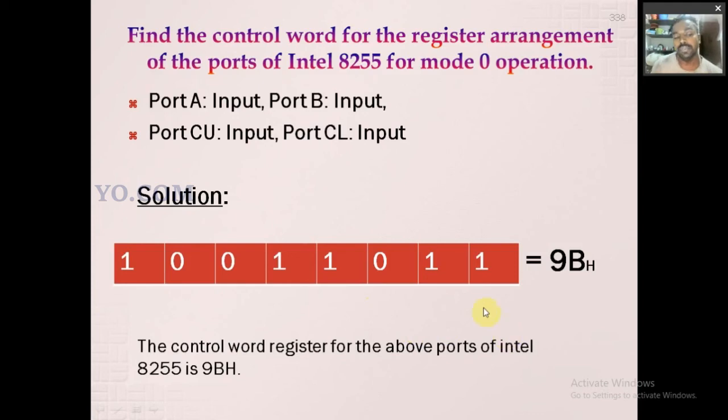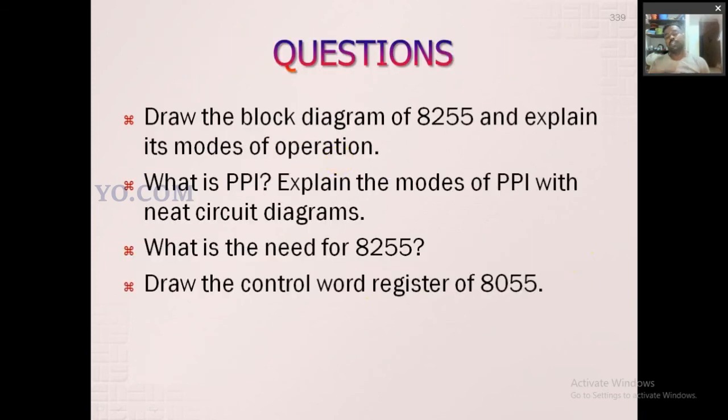Logic 1 indicates input, and all are in mode 0. So the result is 9B. The control word for the above arrangement of the Intel 8255 is 9B. Here all the ports are considered input ports in mode 0. This way we can program the 8255 integrated circuit.